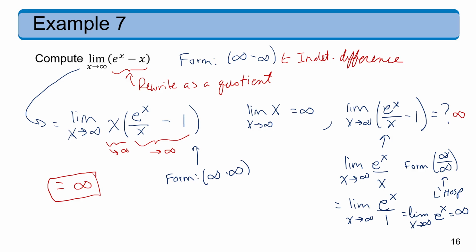If you take two numbers, or two functions, that are both approaching infinity and multiply them together, it's even bigger, right? So it's definitely infinite. So this is a determinate form, which allows us to conclude the limit without having to use any other special technique. The form is enough to figure out that limit.